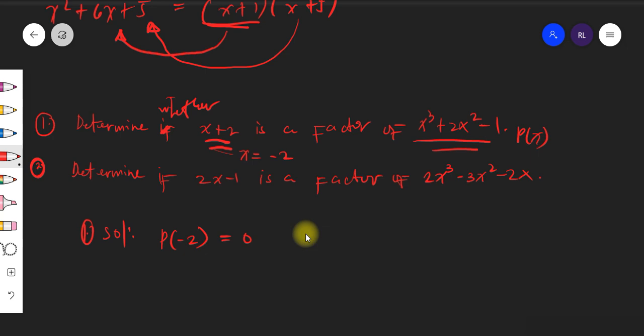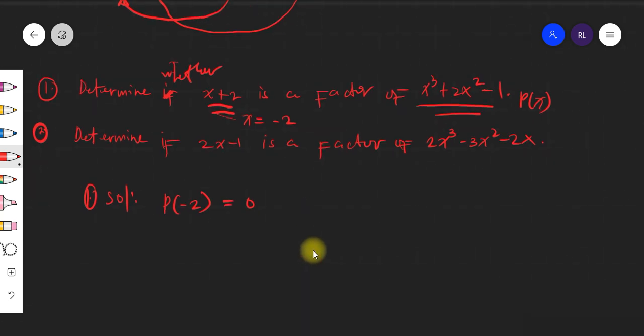Let's try that. We have p of negative 2 equals negative 2 cubed plus 2 times negative 2 squared minus 1, which is negative 8, plus 8, minus 1.